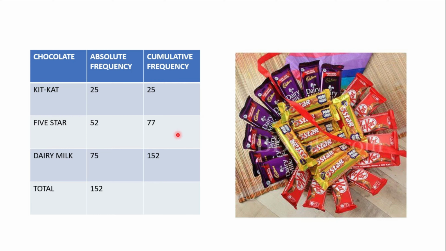Then Dairy Milk, 75 Dairy Milk, 77 plus 75 is 152. So if I want to take 77 chocolates, I can just pick up all the Kit Kats and all the 5-stars to my school easily. I hope you understood. While working out, we can look at professional examples as well. Don't worry about it.